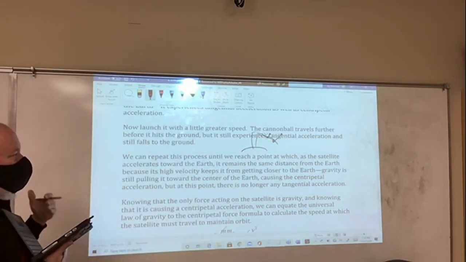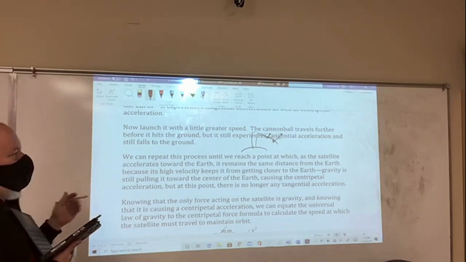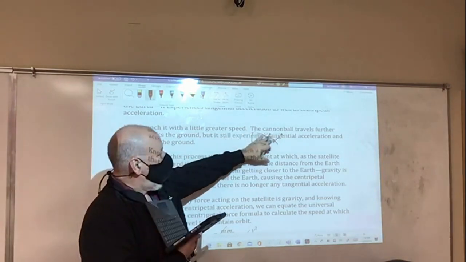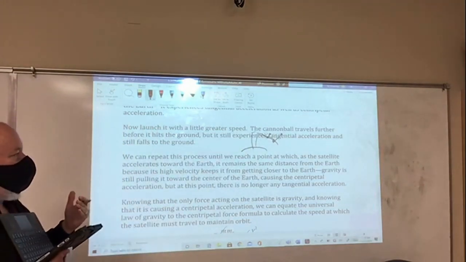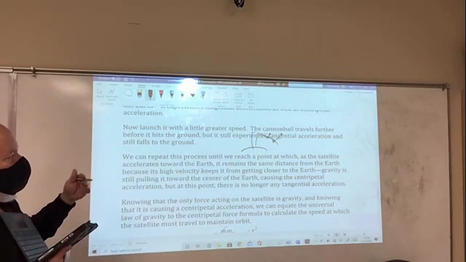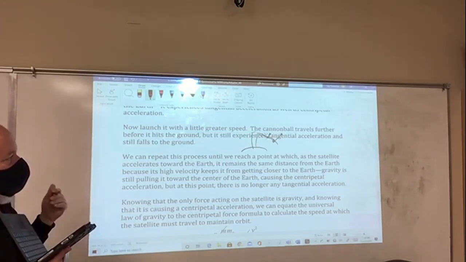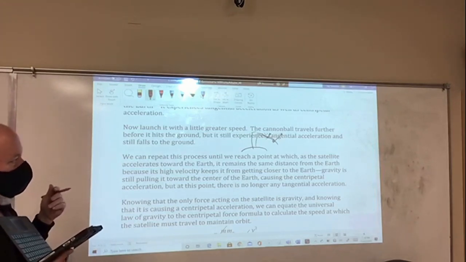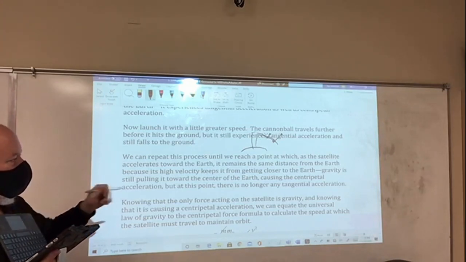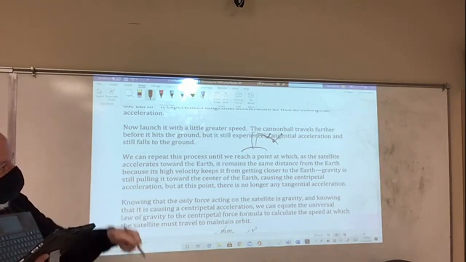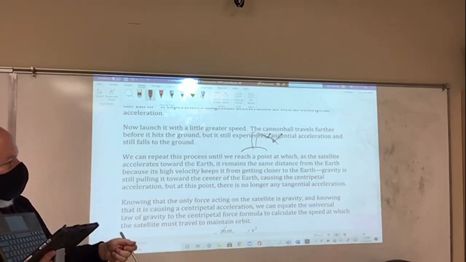Okay, so finally we get to a velocity that's fast enough that allows it to stay the same distance above the surface of the Earth. It's still being pulled towards the center of the Earth, but it's going fast enough that it will be able to not fall out of orbit. And we can think about that a lot like our vertical loop sometimes, right?